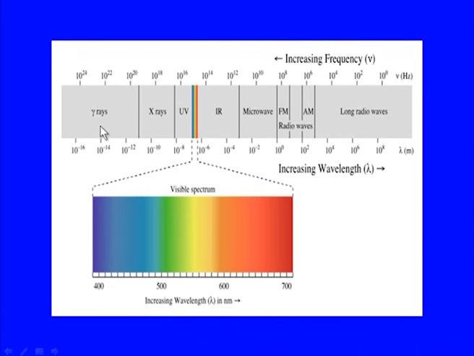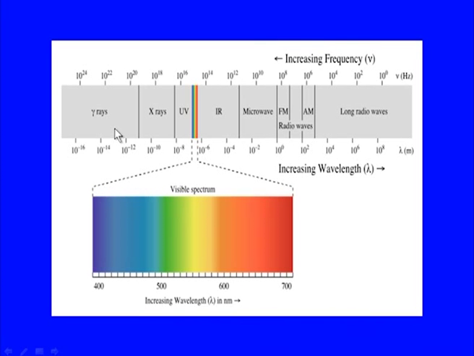If you can see on your screen, this diagram depicts various kinds of electromagnetic radiations as per their frequency, increasing frequency or increasing wavelength. As the frequency increases, wavelength decreases and vice versa. Frequency here is depicted in hertz and wavelength in meters.